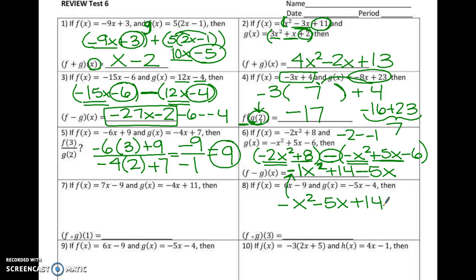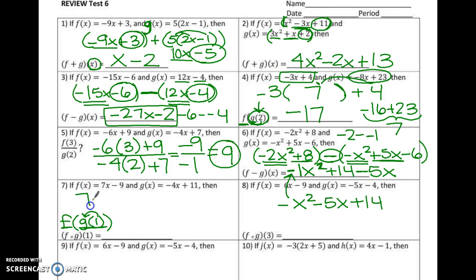The next one, f composed with g of 1. This is the same as writing out, like we had on number 4, f of g of 1. It's just another way to write that out. So what we're doing is we're plugging a 1 into the g function, and we're going to take that and plug it into the f function.